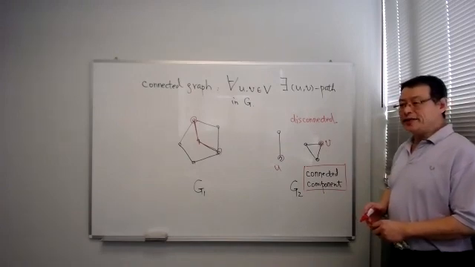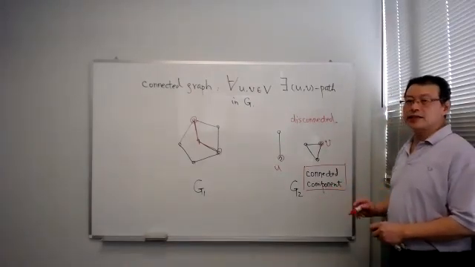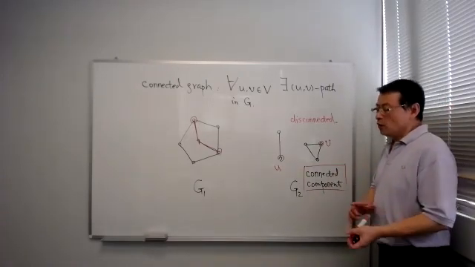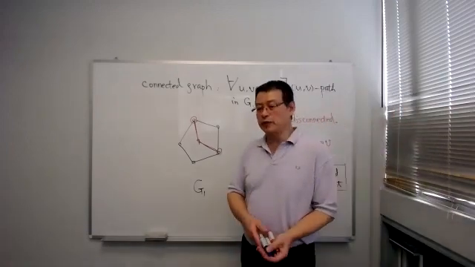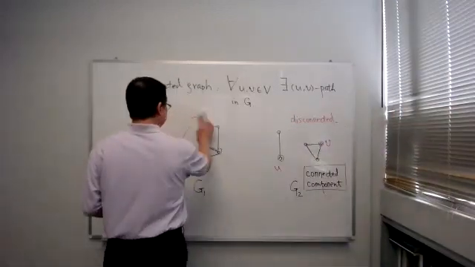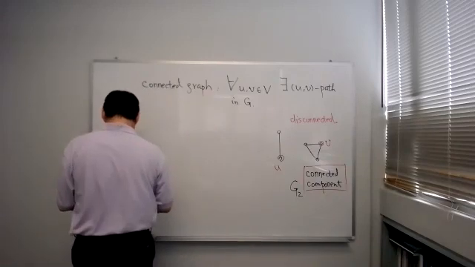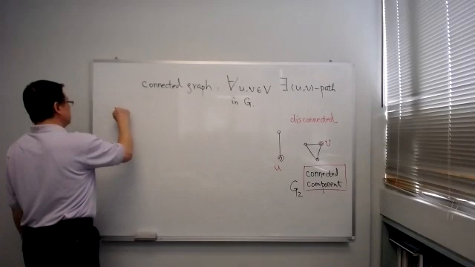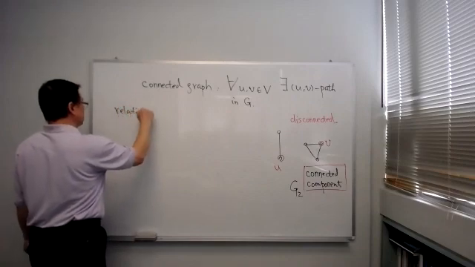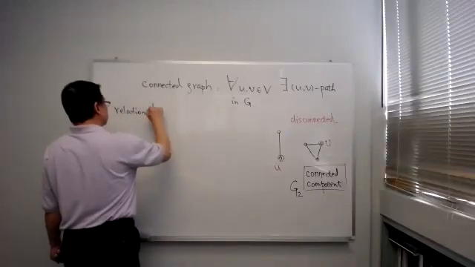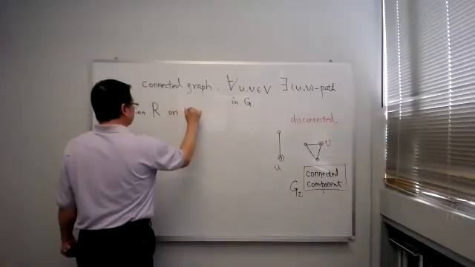So we can use a binary relation to define connected components. So here I will give a connection between binary relations and equivalence relations. What we do is we define an equivalence relation. Define a relation on the vertex set.